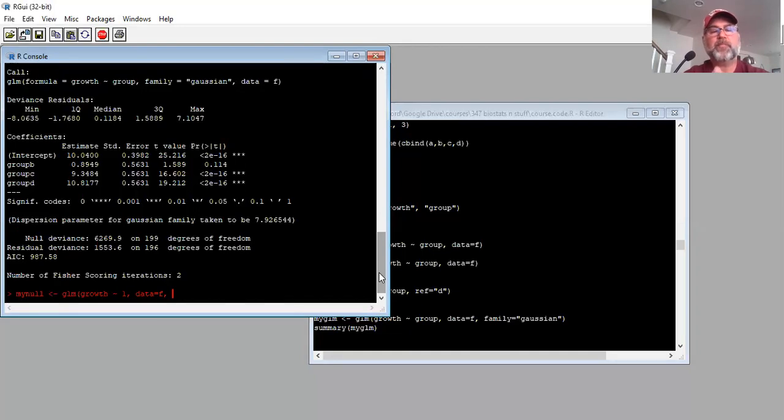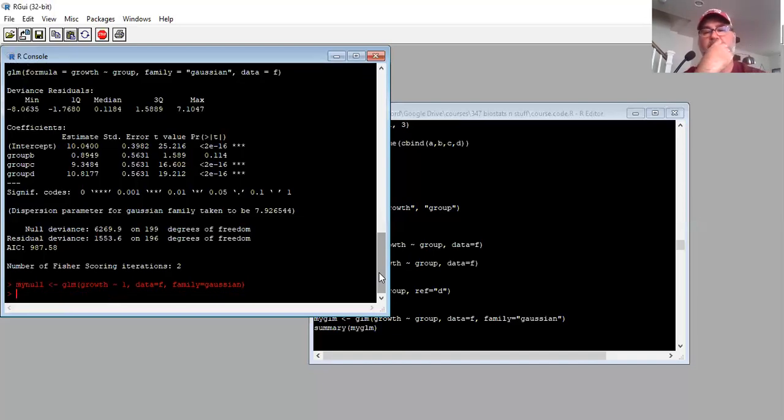For a GLM, the default is normal errors. So if you leave out the family statement, it'll assume normally distributed errors, but that's not always a great thing to leave out, because if you get used to it and you're using like a Poisson regression or doing logistic, you'll run the wrong model. So it's always good to just throw it in, just good practice.